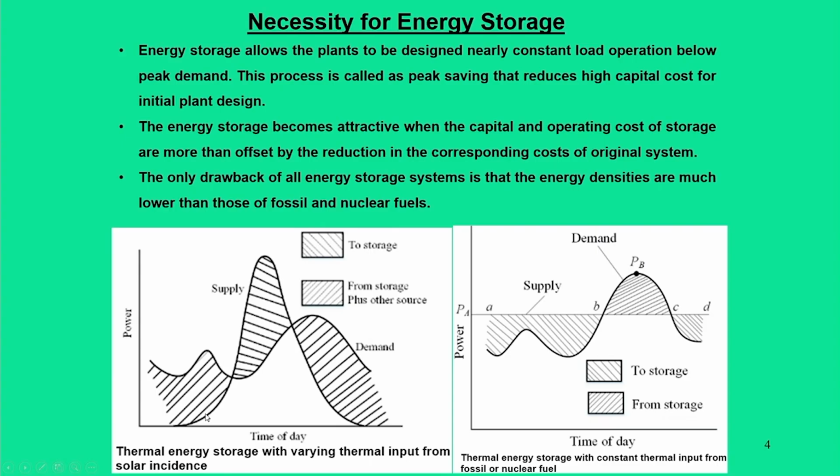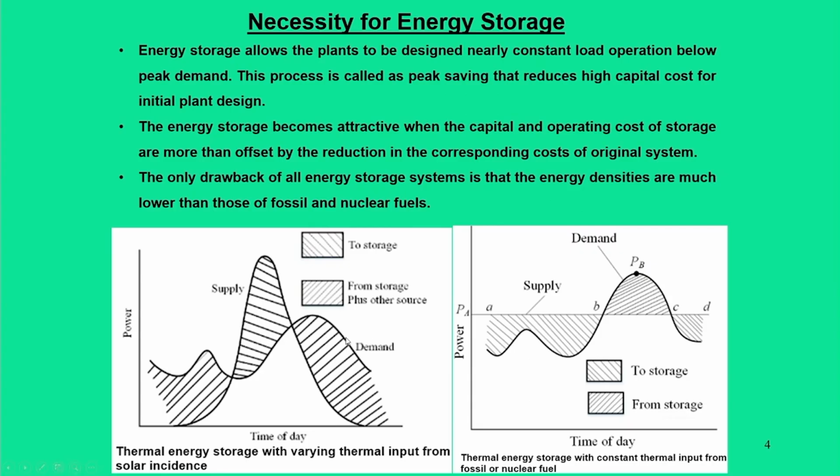In some cases supply is less but demand is high. If you take the peak value of the supply and take an average line, then we can say that solar energy cannot continuously supply as per the demand.